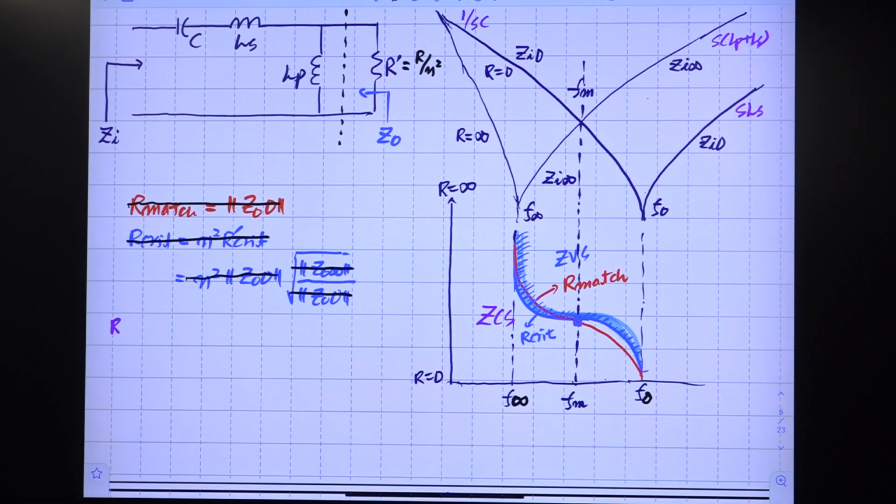So R match is the value of R which allows the maximum power to be transferred. But we are seeing this circuit on the primary side. So R match prime is, we know this, right? This is the same as the output impedance of the tank seen through this terminal, right?